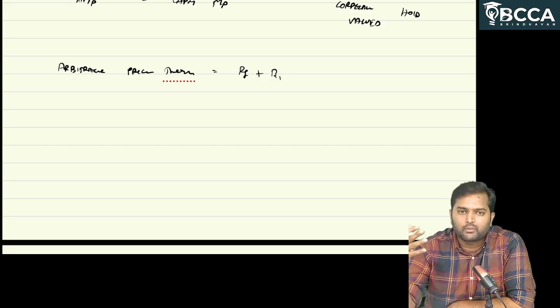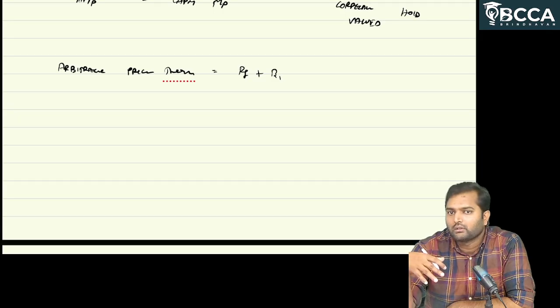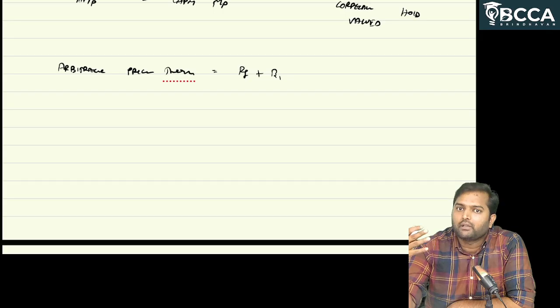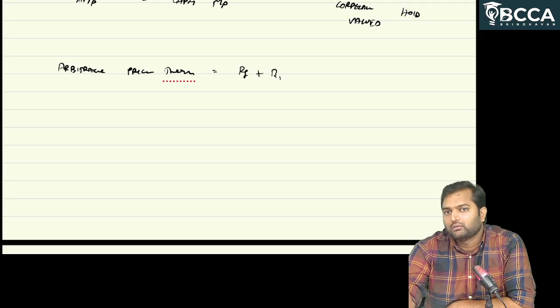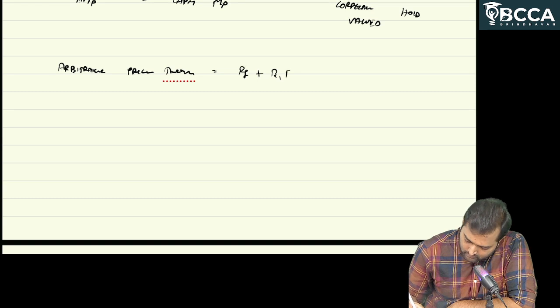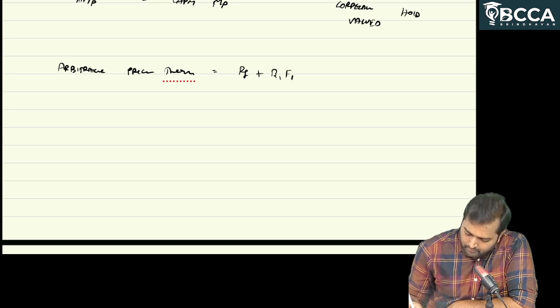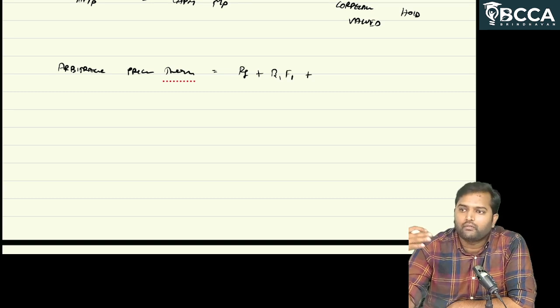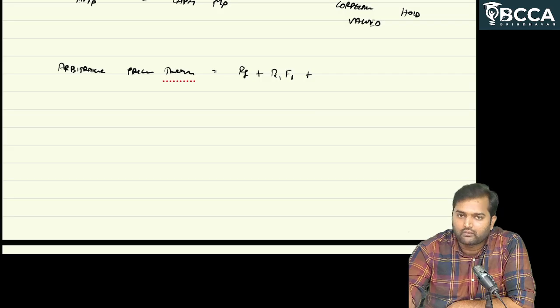The factors might be GNP, inflation, industrial production, book price, etc. F1 means the premium of factor 1.